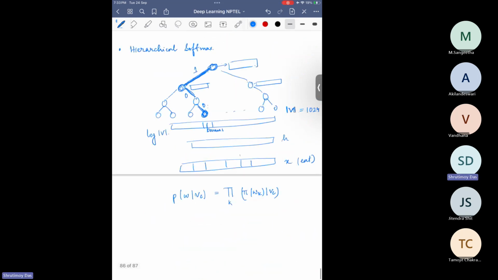But now here we will only look at log V number of contexts. So log of this is basically 10. So you just need to do a product over only 10 of these contexts instead of these 1024 entries that you have. Is that clear?